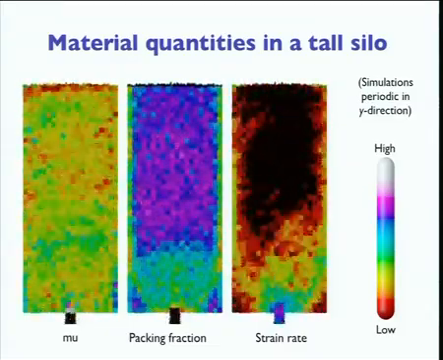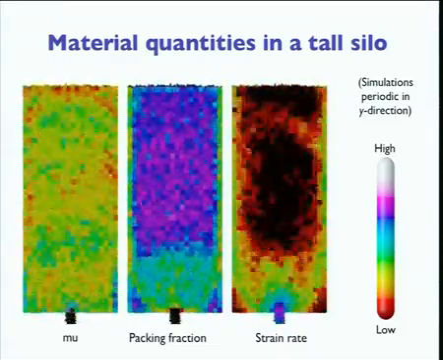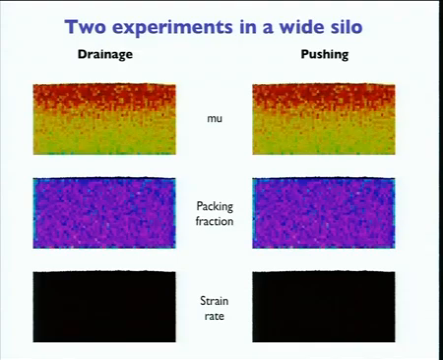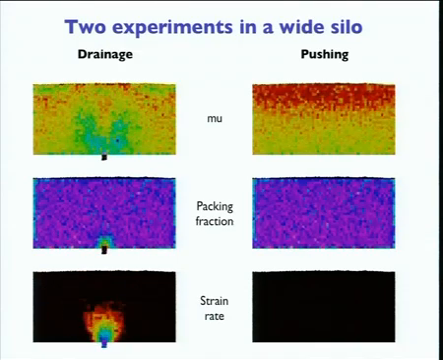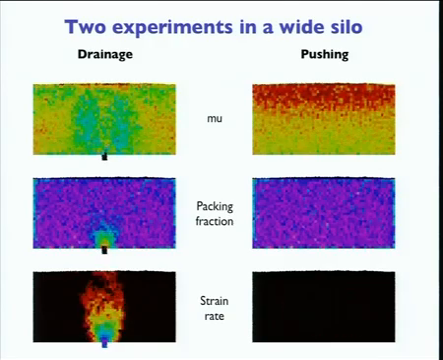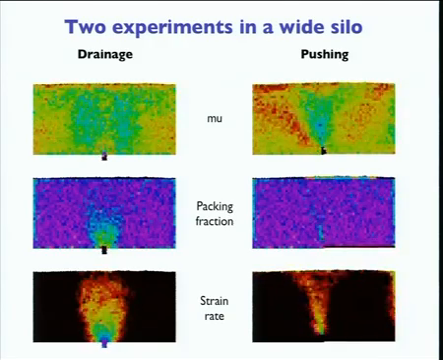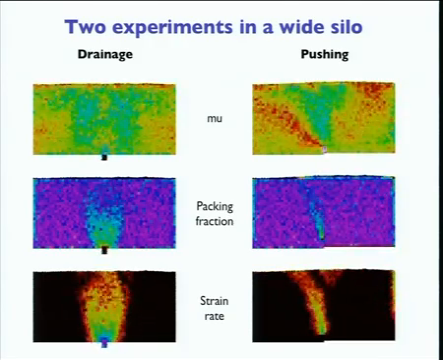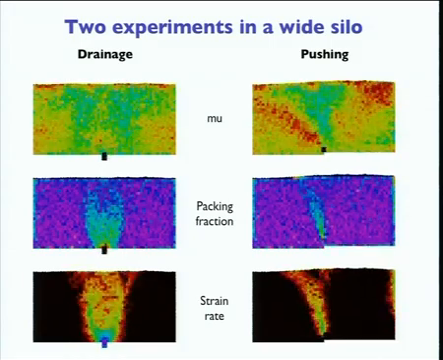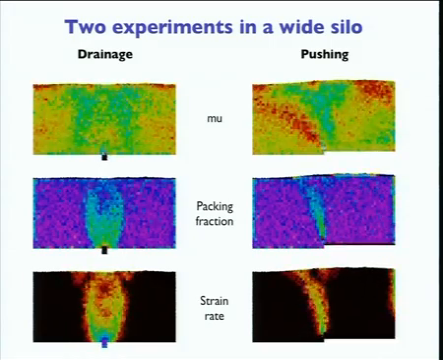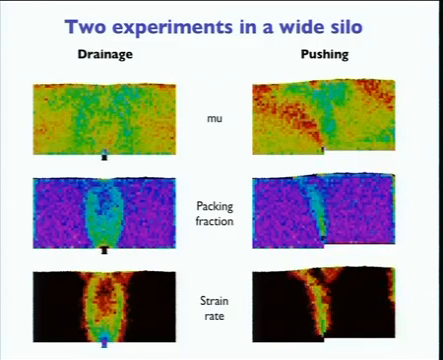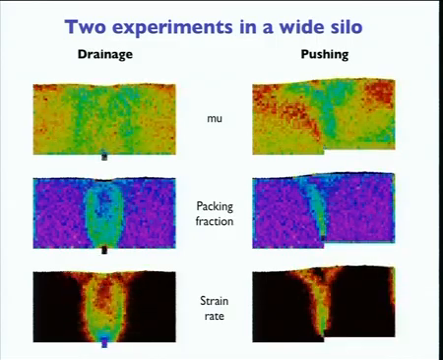The correlation with mu is less clear. We can also do that in other experiments. This is the same quantities in a wide silo, and on the right I'm showing these quantities in a pushing experiment. What happens is that the right half of the base is pushed up at constant velocity, and that creates a deformation region.